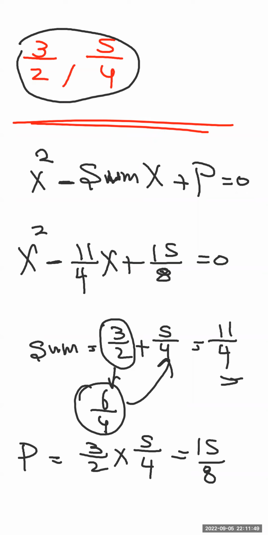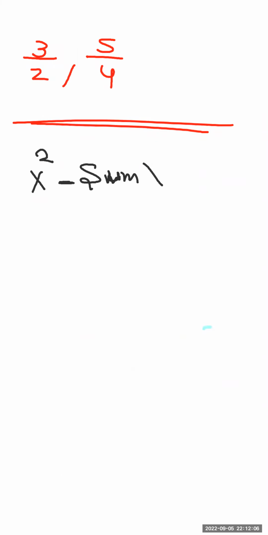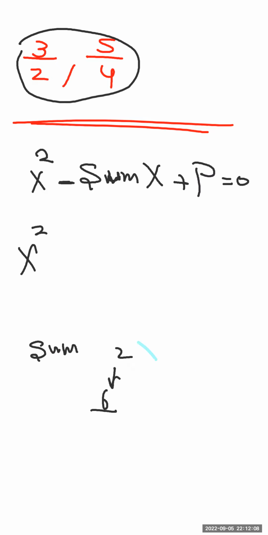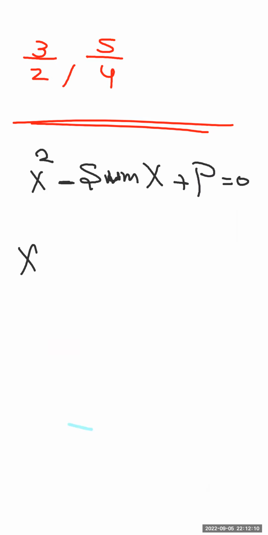In this case, we have to eliminate these numbers in the denominator. So on the denominator, there is 4 and 8. So simply, if I multiply this equation by 8, then these fractions will be removed. So this means now I will multiply the equation by 8.